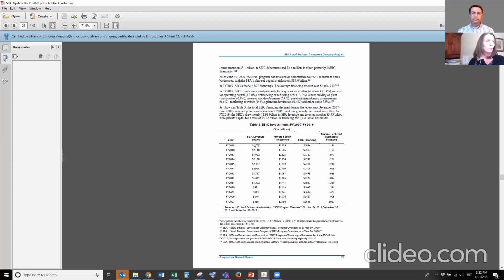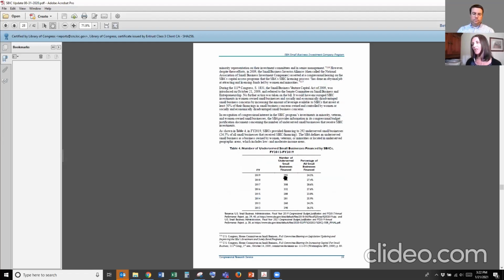What I heard was debenture draws were down because, especially in 2020, the portfolio companies were accessing the PPP loans. So they weren't looking to the SBIC funds necessarily for funding all the time because they had access to the PPP loans. So I'm thinking that in this fiscal year, when those start to go away, the leverage draws will increase again.